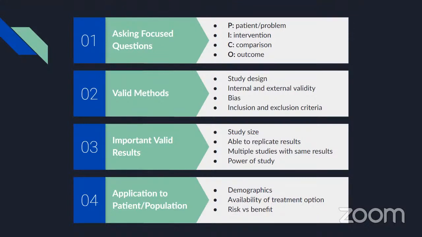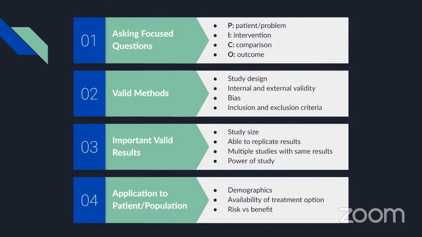So your application to your patient or your population does very much hinge on which population you're applying it to, and you can reflect back on where your study is directed to make a decision on that.